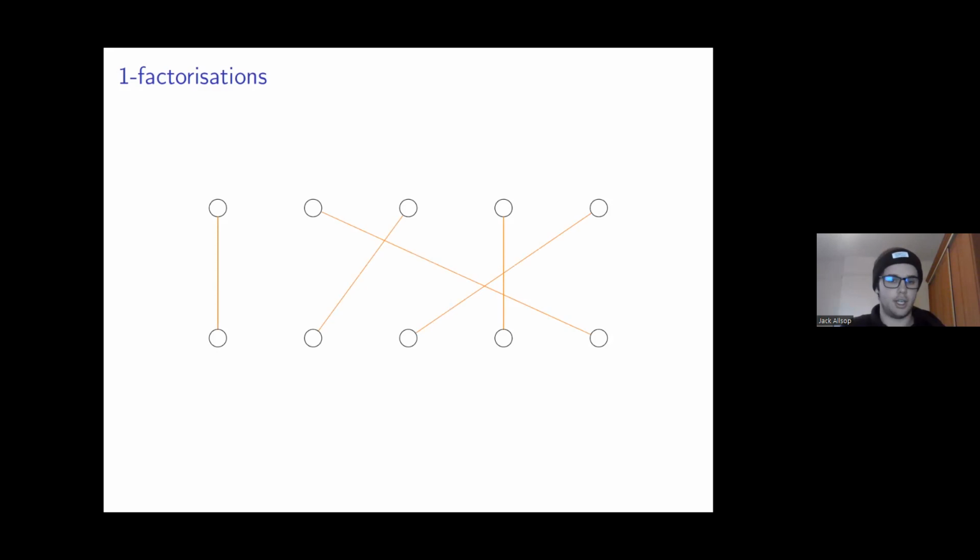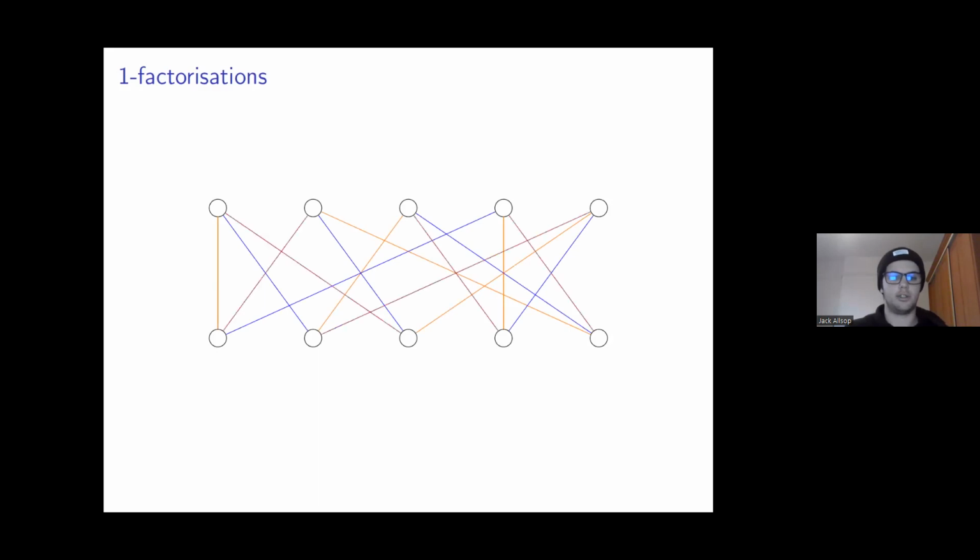So the orange edges here form a one factor in K55, as do the blue edges, purple, red, and green edges. And now every edge has been colored. So we've partitioned the edge set of K55 into one factors. And this is an example of what we call a one factorization.